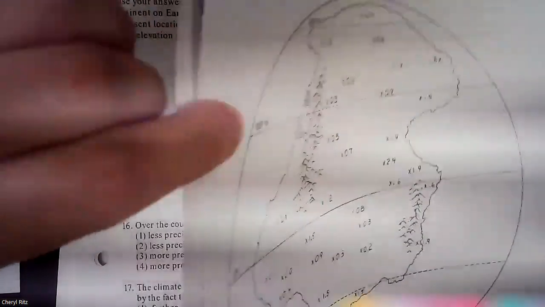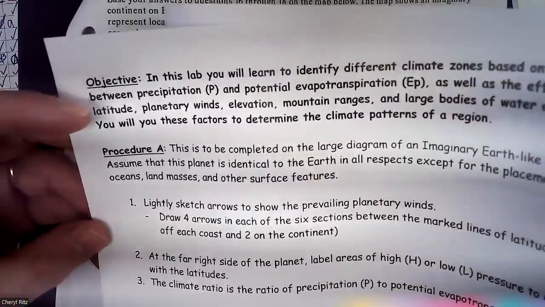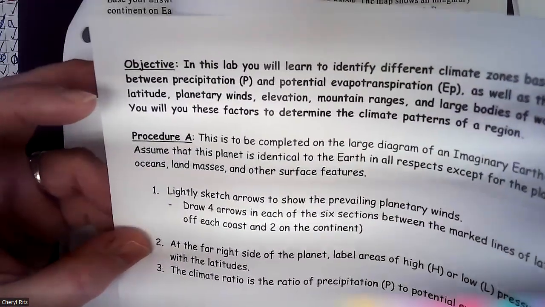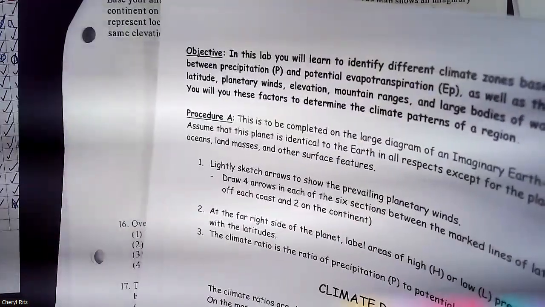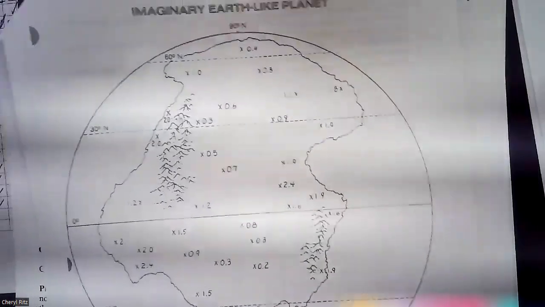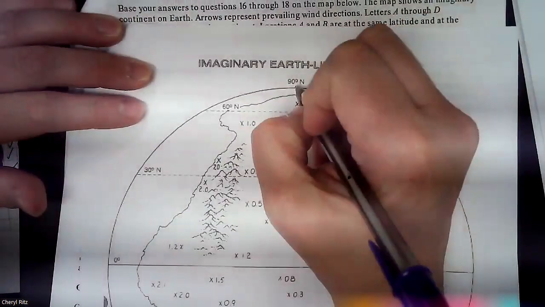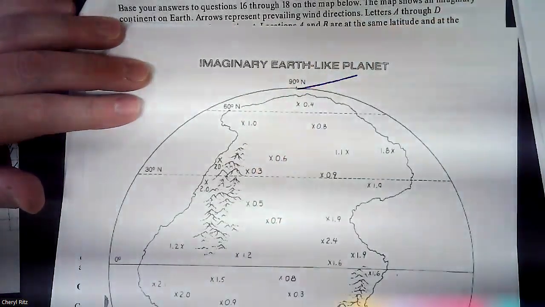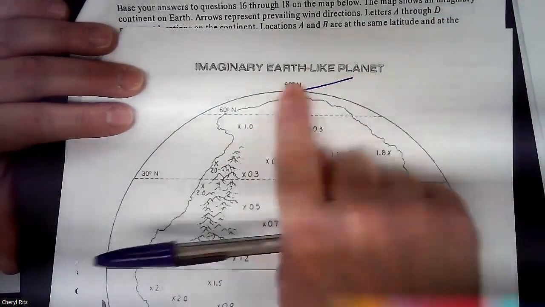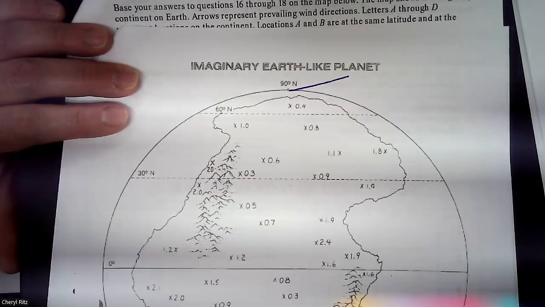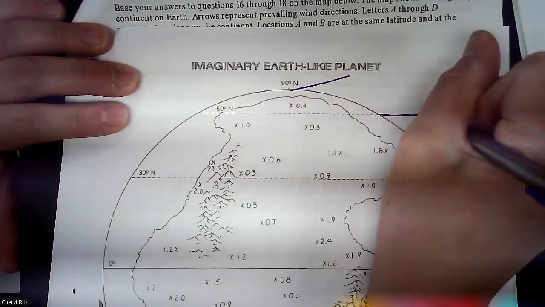Moving on. Then it says, at the far right of each side of the planet, label areas of high or low pressure to correspond with the latitude. Here's where I want you to tell me if it's low or high. Here's a blank for number 1. Why don't you add this line? I want you to tell me if that's a high pressure area or a low pressure area. Same here.